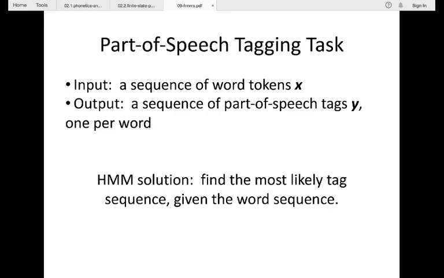So the tagging task is to take as input a sequence of word tokens, x, and output a sequence of part of speech tags, y, one per word. So in HMM terms, this means find the most likely tag sequence given the word sequence.